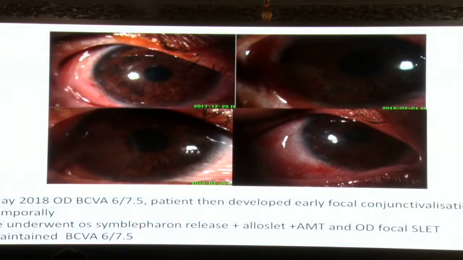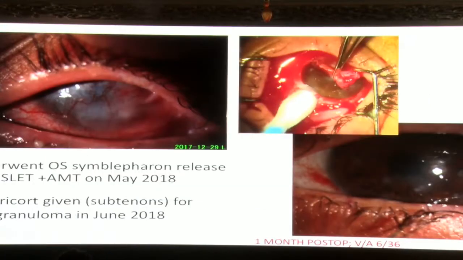And this is his post-operative picture. 6 or 7 months later, there's a focal conjunctivalization that you can see coming in from the inferotemporal quadrant. We addressed that at the same time that we also took him up for the Allo-SLET in the other eye. The Allo-SLETs were done because of the good result that we had in one eye. We did it in the other eye also.